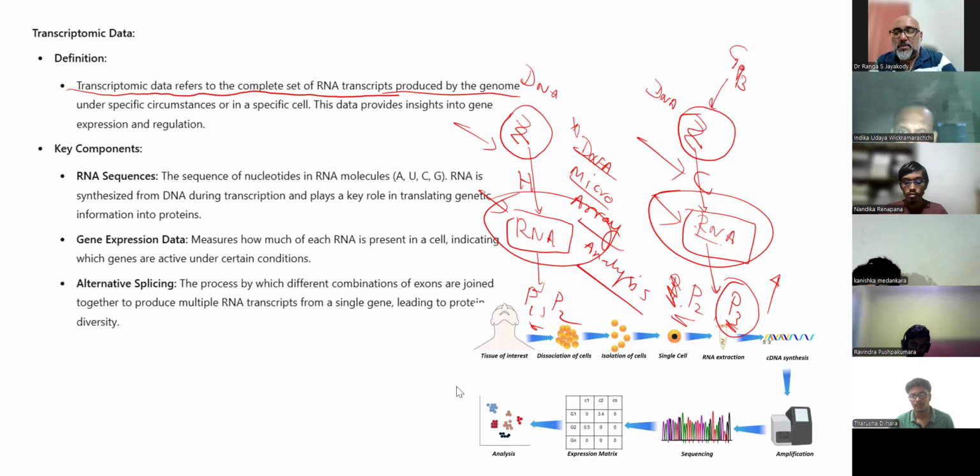You take the RNA extractions and then get the complementary DNAs, and then we convert that into a pattern like this, right? Into a data pattern. Basically what we do, I'll explain it later.